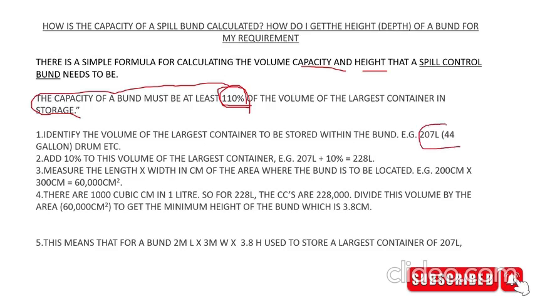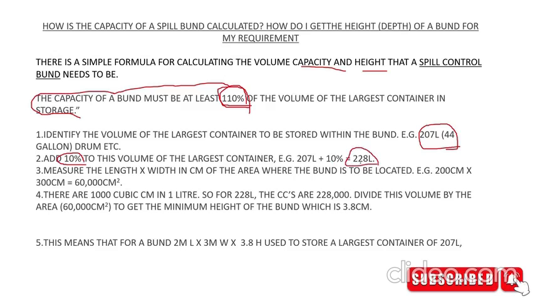The capacity that I have taken is 207 liters, so 44 gallons for a drum. Add the 10 percent rule to this volume of the largest container. Adding 10 percent to 207 liters, you will get the answer of 228 liters.